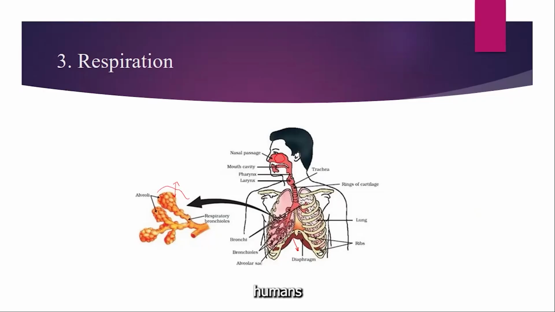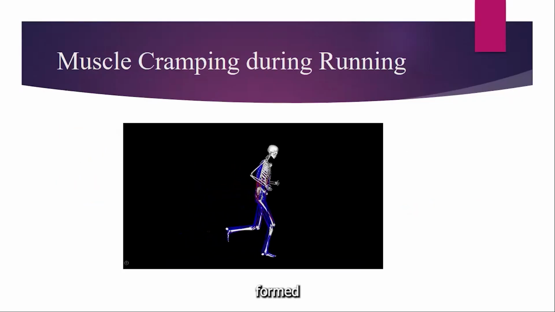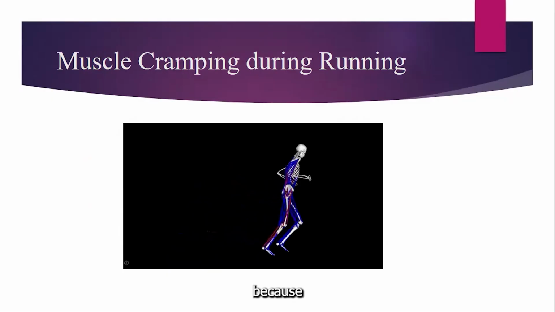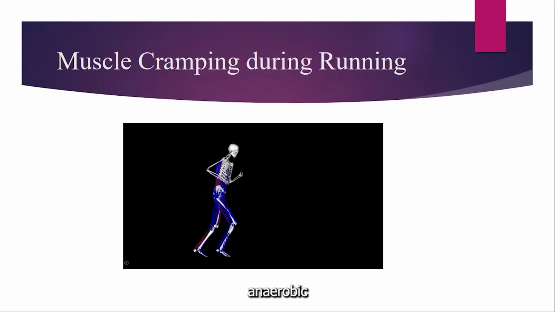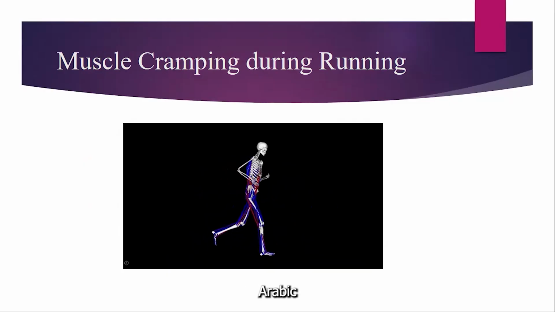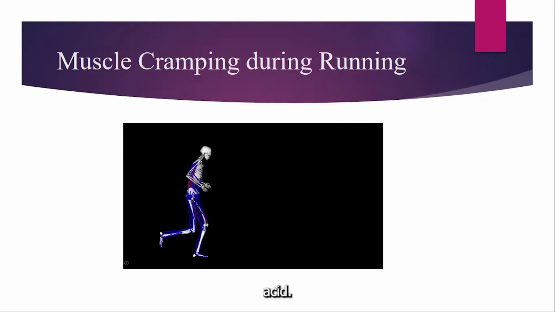In humans, the respiratory pigment is hemoglobin, which gives the blood its red color. You can see the cramps which are formed while running. That is because of the development of lactic acid due to anaerobic respiration, anaerobic synthesis of lactic acid.